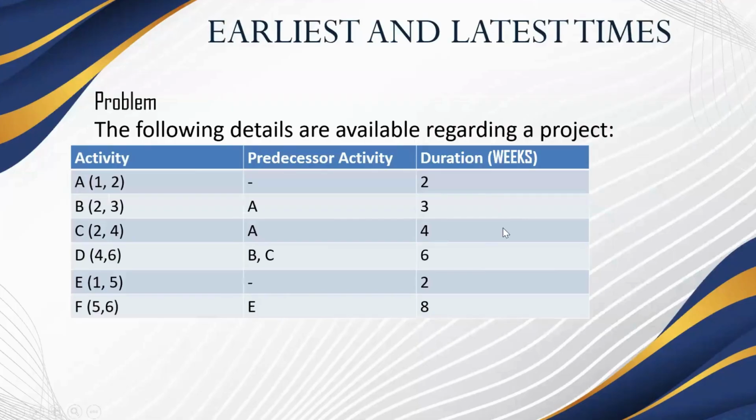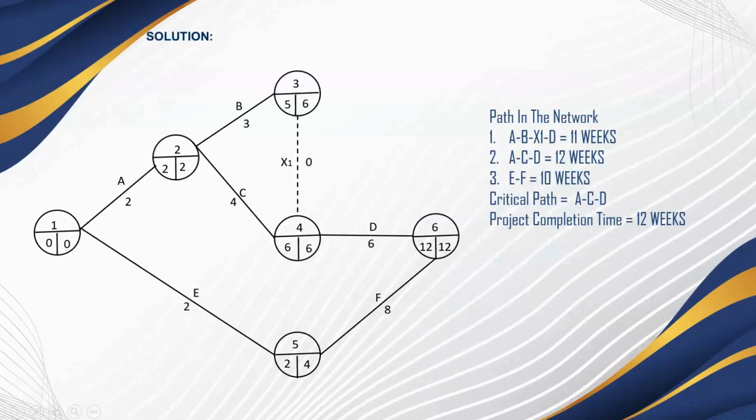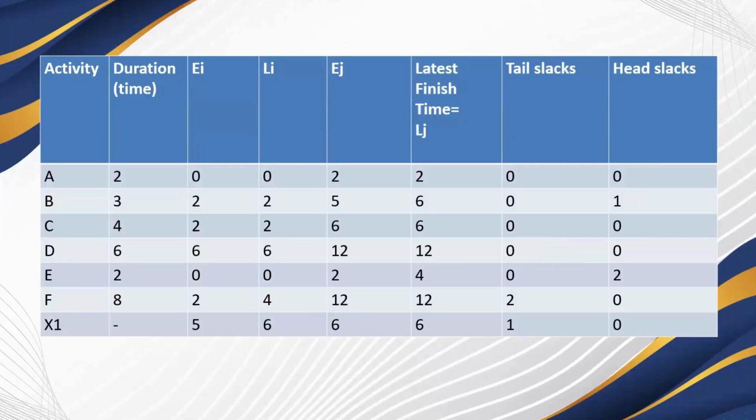We will take this duration and calculate the table of activity durations, where EI is given as we will get EI as 0.